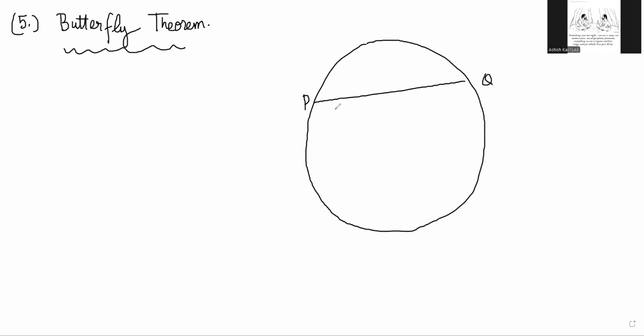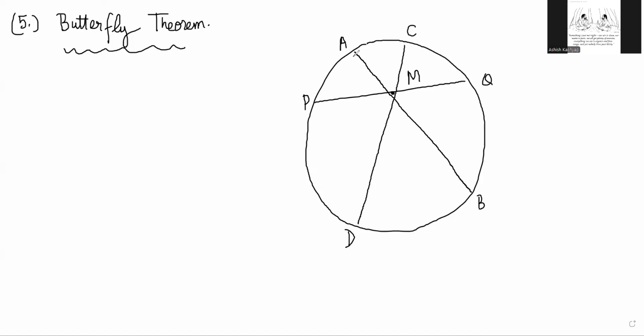Butterfly's theorem says that M is the midpoint of a chord PQ. Now through M, you draw two other chords, one like this, one like this. These chords are called AB and CD.